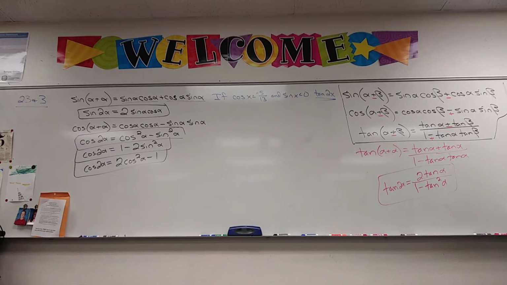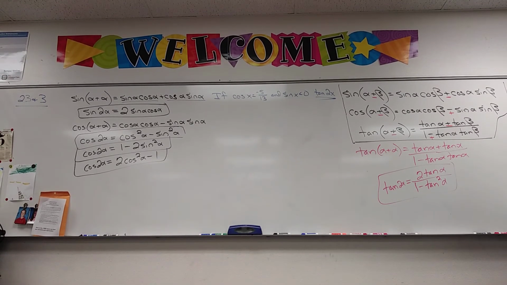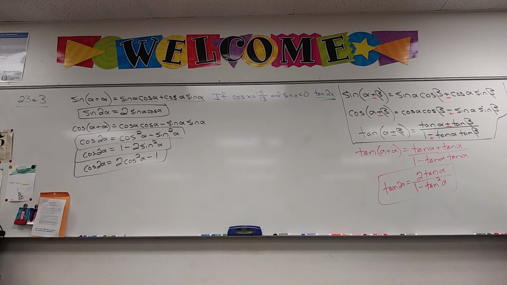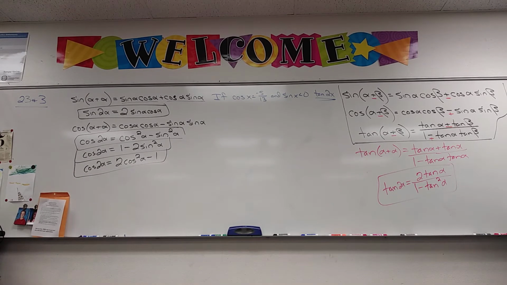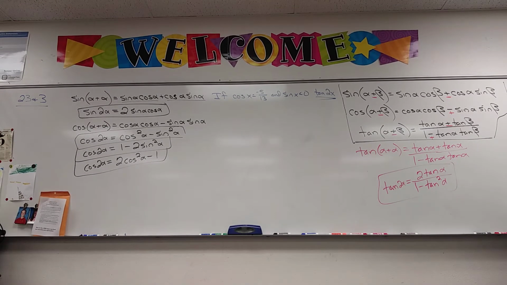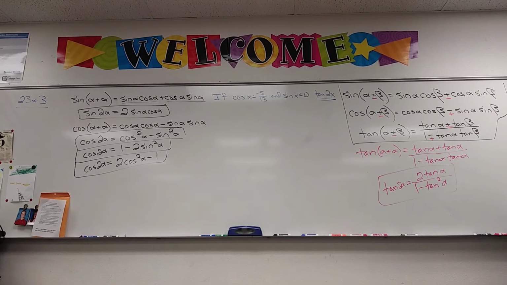Thoughts? What's the first thing we should do? Draw a triangle. Okay, which formula should we use? That one. That's helpful. Tangent. Tangent of what? 2x.